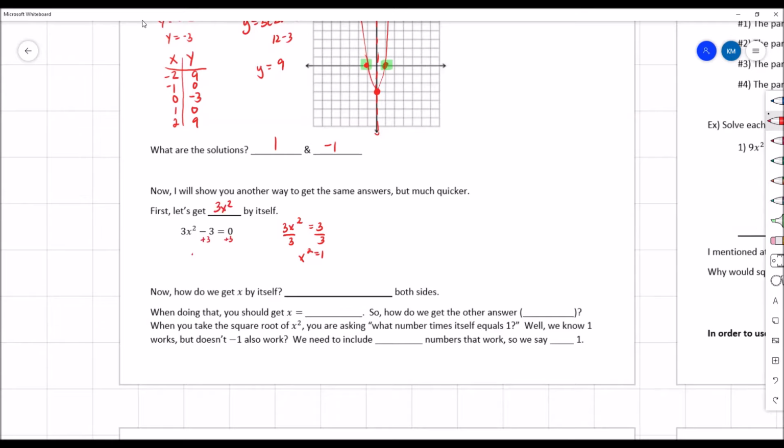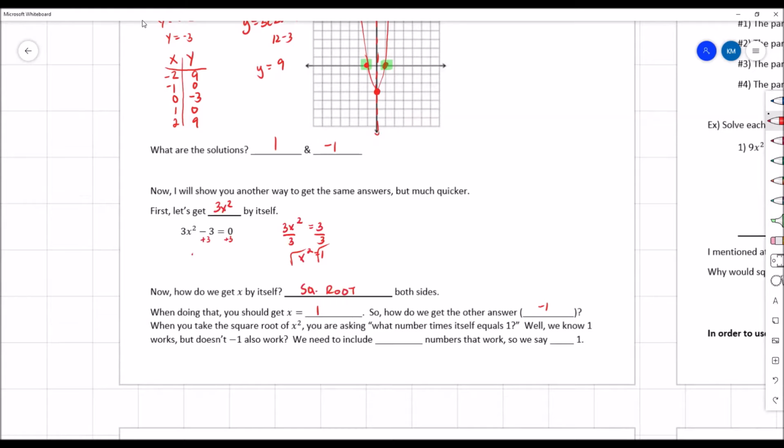But how do we get x by itself? We have to square root both sides. When doing that, you should get x equals 1. So how do we get the other answer, the negative 1? When you take the square root of x squared, you are asking what number times itself equals 1?